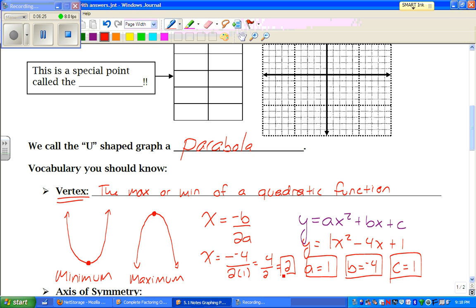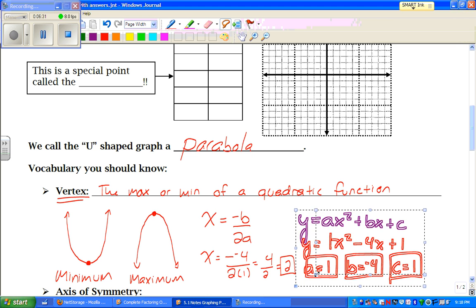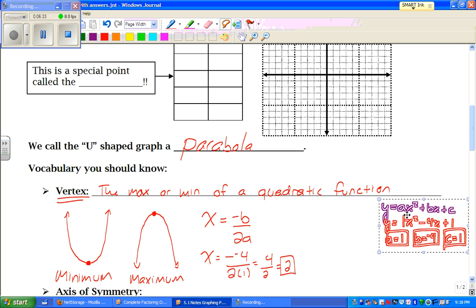So I know the x value of my vertex. The problem is, the vertex is an ordered pair. It's a point. So you've only found the x value. You need to actually find the y value. So what we're going to do is take that equation.